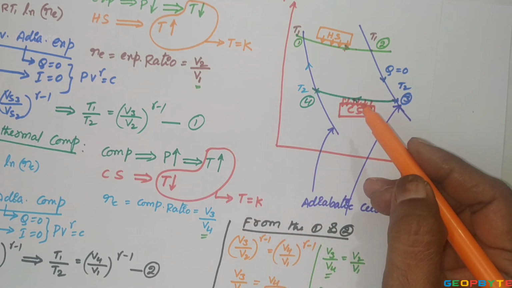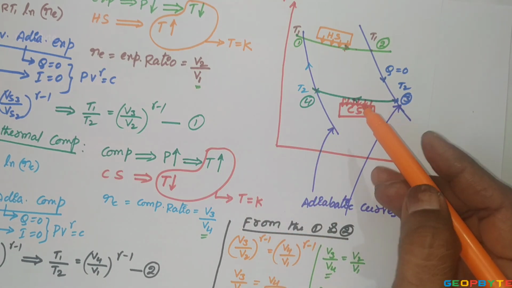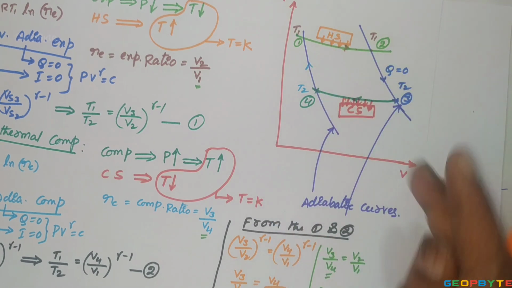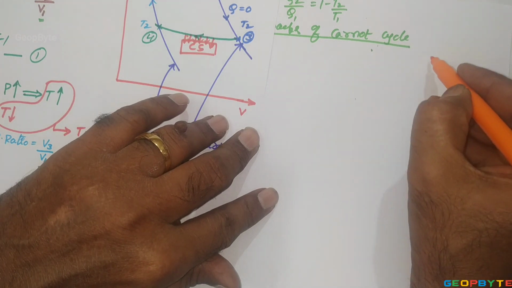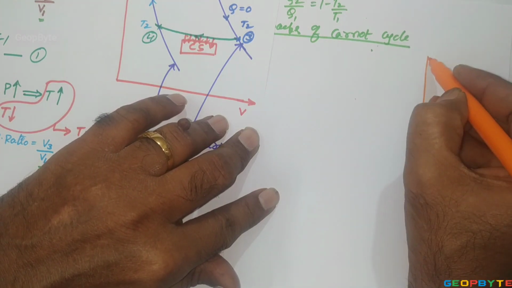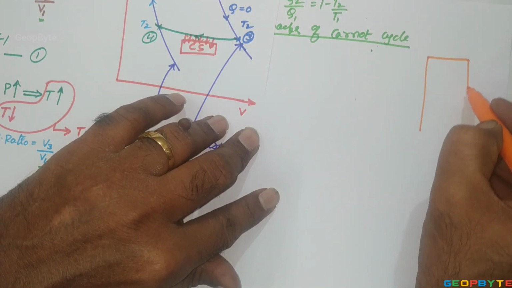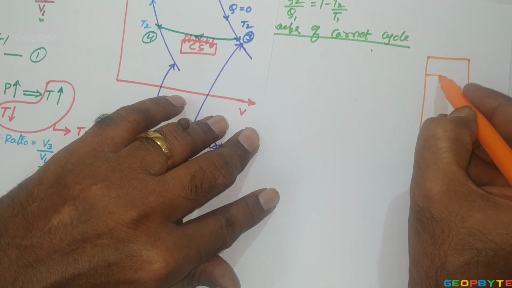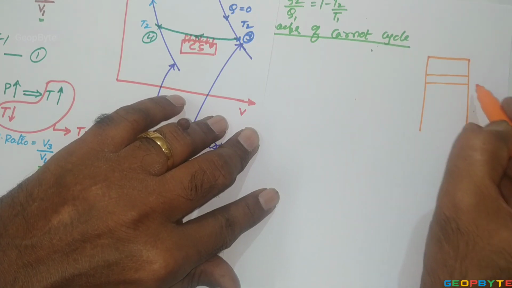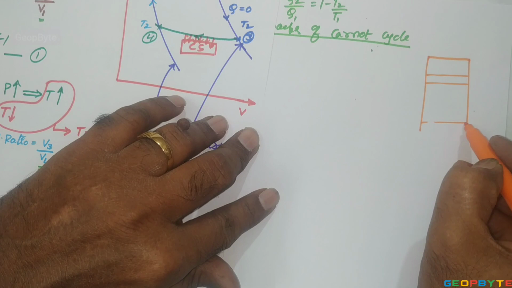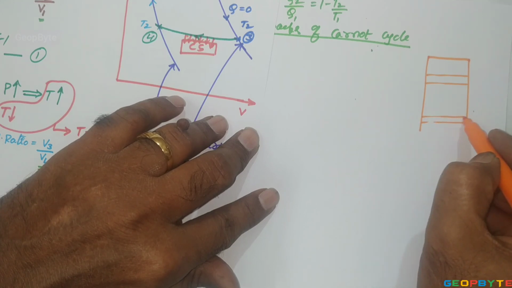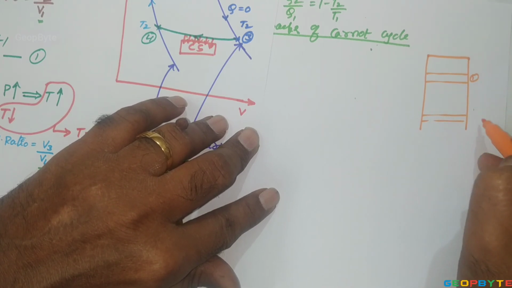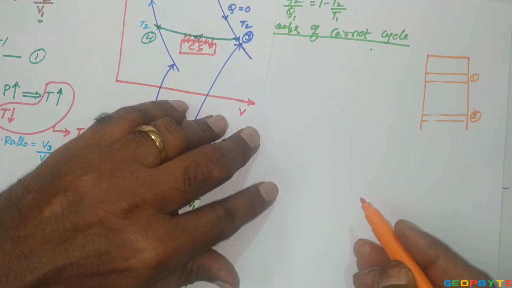If you want to construct the heat engine to work by the Carnot cycle, in a reciprocating engine the piston is moving from one dead center to another dead center.